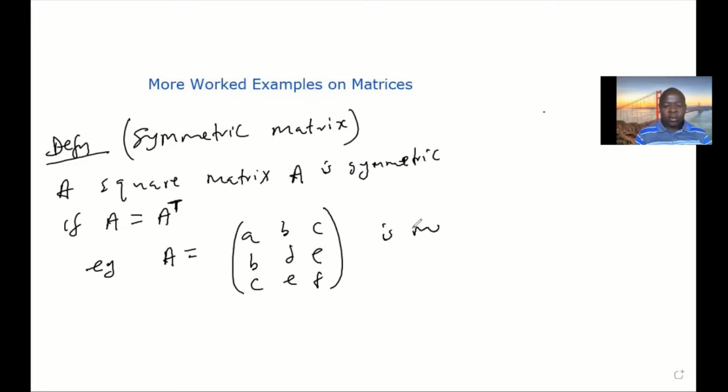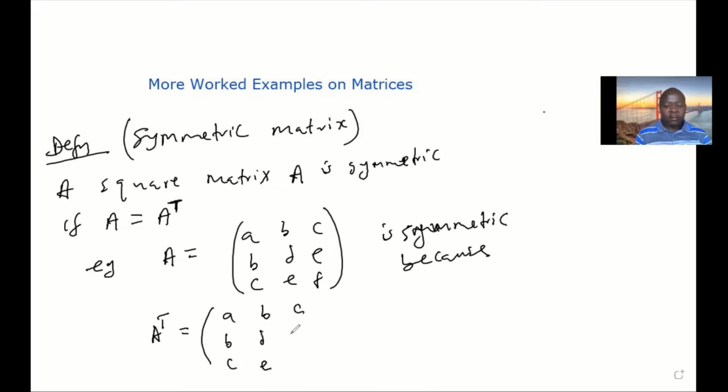It's symmetric because the transpose of A, where we make the rows be the columns, first row becomes the first column, second row becomes the second column, and the third row becomes the third column, is the same. So A equals its transpose, and A here is a symmetric matrix.